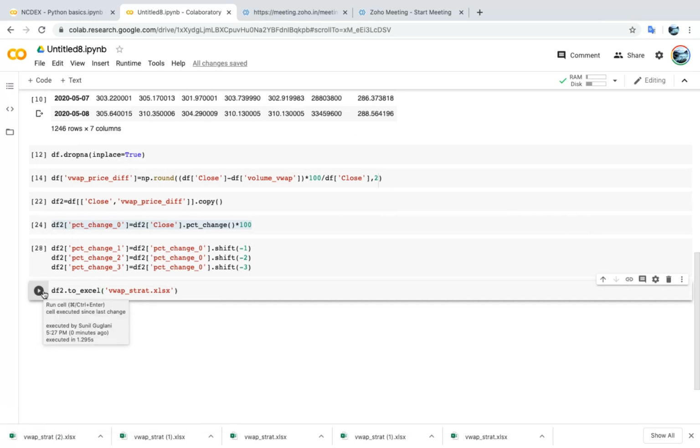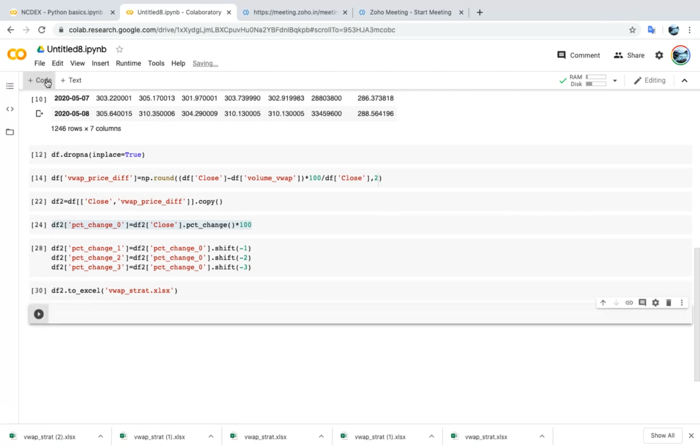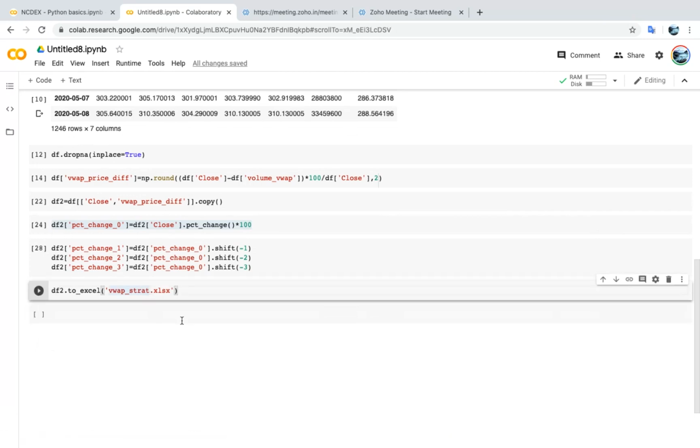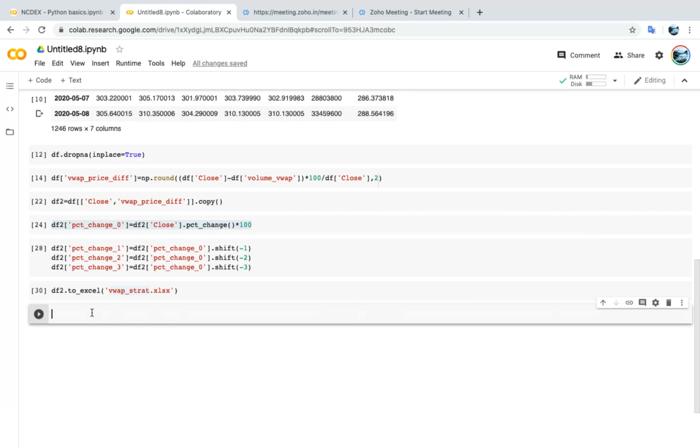We have executed this, but where did the Excel file go? Let us name it as 5. Where did the Excel file go?